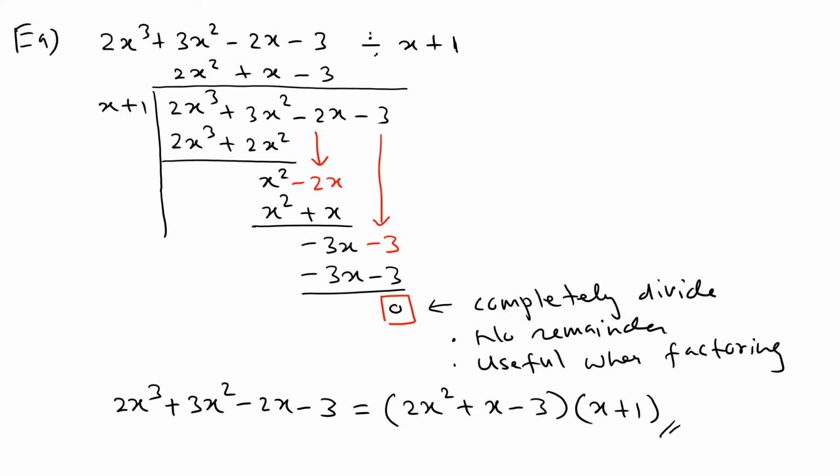So that's a factor. And then what you can do is you can just think of the factors of the other one, whether you can factor the quadratic. You know how to factor a quadratic, so you can find the factors. In this case you can think of 2x and x. And then what do you want to know? We want to see whether you can find numbers for this. It's a negative 3.